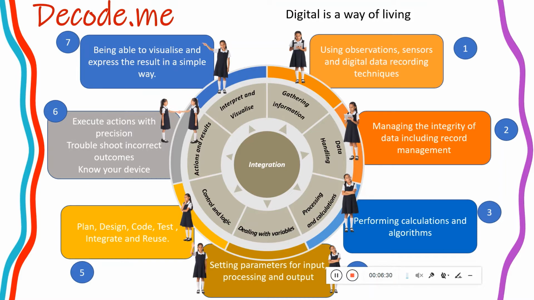Then there is the question around execution, how to troubleshoot. Many of our kids, many of our adults, do not know how to troubleshoot, how to correct incorrect outcomes. Now, when you deal with IT, nothing works perfectly the first time. So troubleshooting is quite an important element, and there are a number of techniques involved with it.